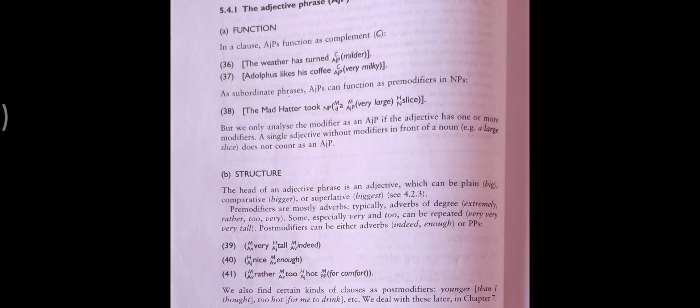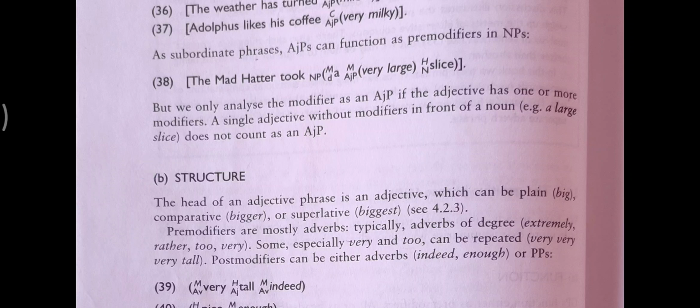The adjective phrase can function as a pre-modifier in the noun phrase. See, in this sentence, the Mad Hatter took a very large slice. A very large slice is a noun phrase.